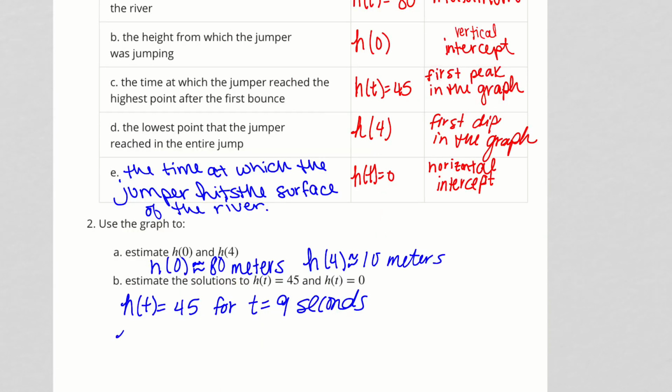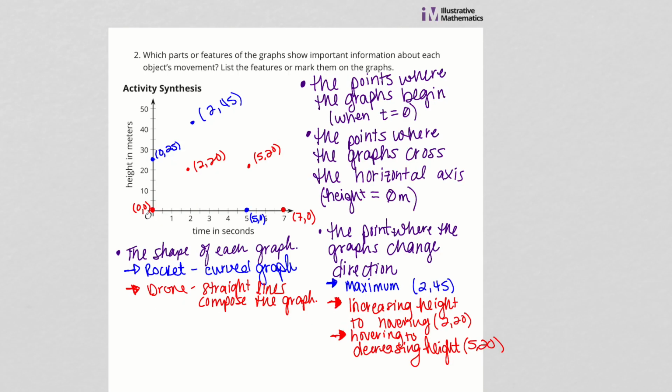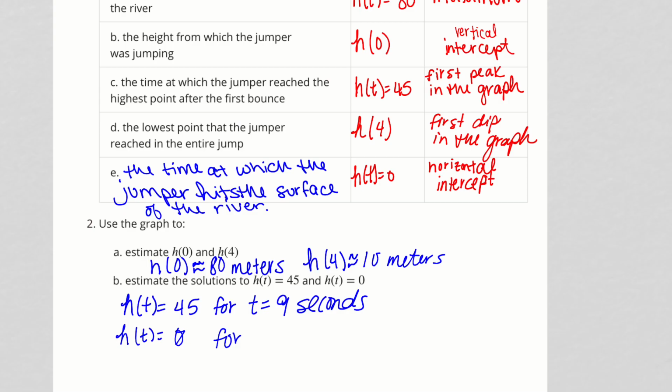All right, and then h of t equals 0 for, let's see here, we're going to go back over, oh, look, I missed something. Right there, we're at 45 as well. So we have 45, oops, I went back 2 instead of forward.